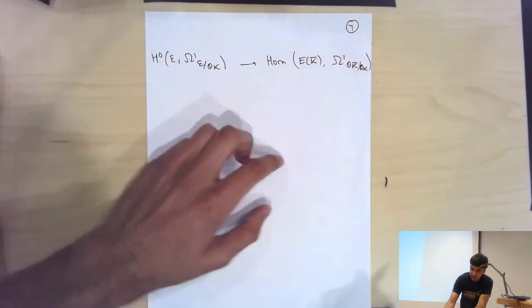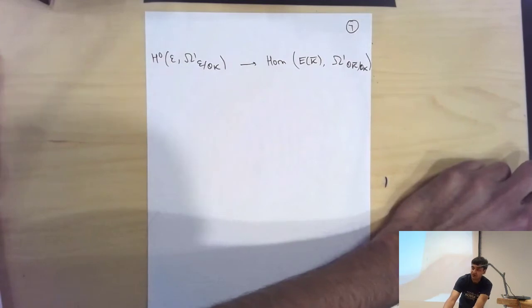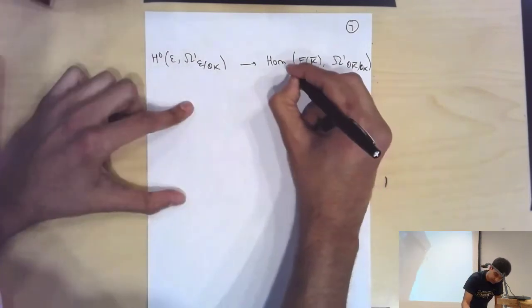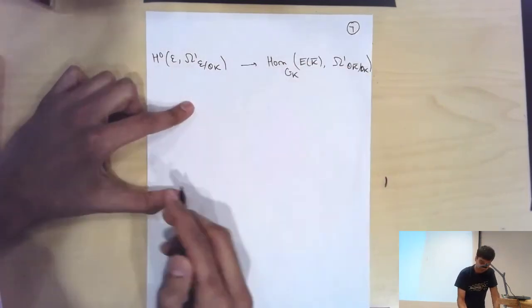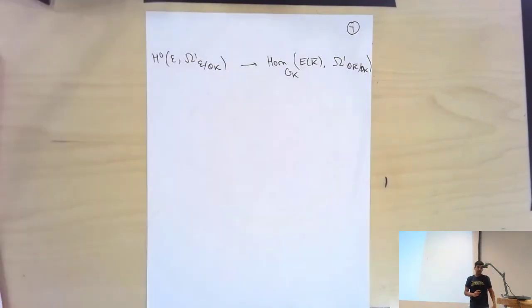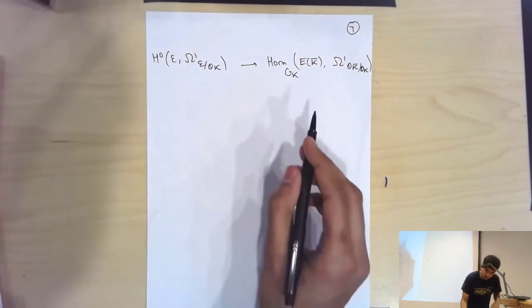And the construction is completely canonical, so it's equivariant for the Galois actions. So you actually end up with a Galois equivariant homomorphism from E of K bar to omega 1 of OK bar over OK. And now you're in business, right?